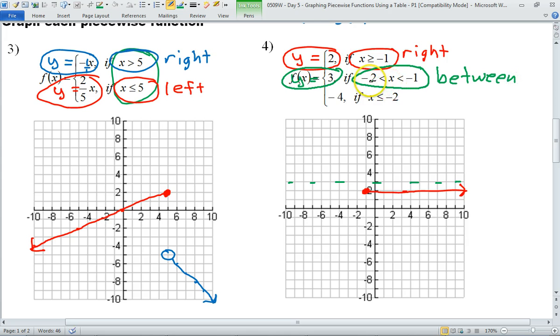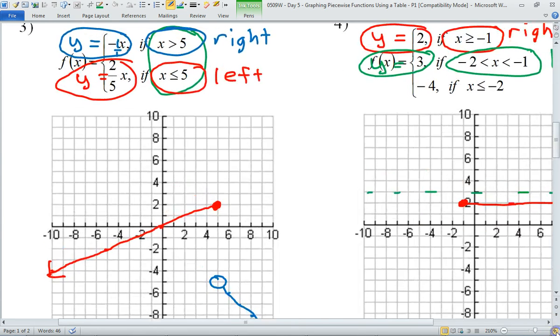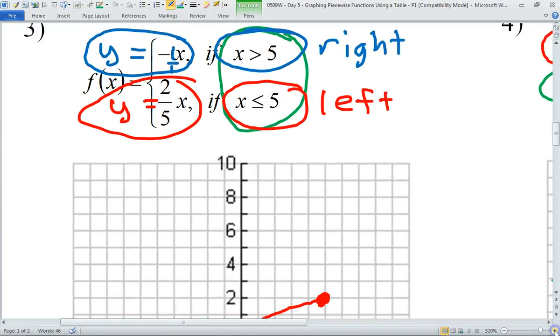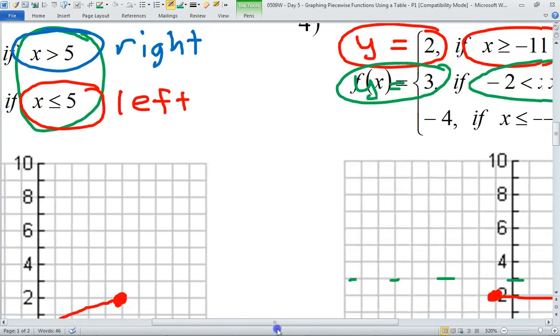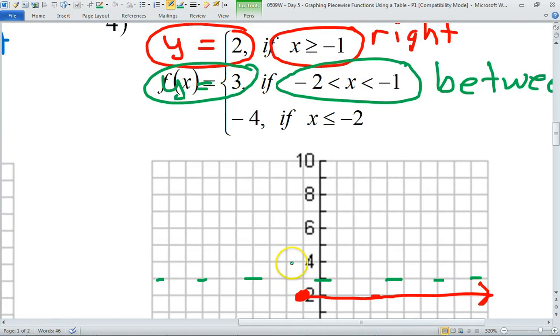We're going to draw the part that's between -2 and -1. Here's -2. This is going to be really small, I better zoom in. I need the part that's between -2, which is right here, and -1, which is right here. So this is a really, really tiny segment.